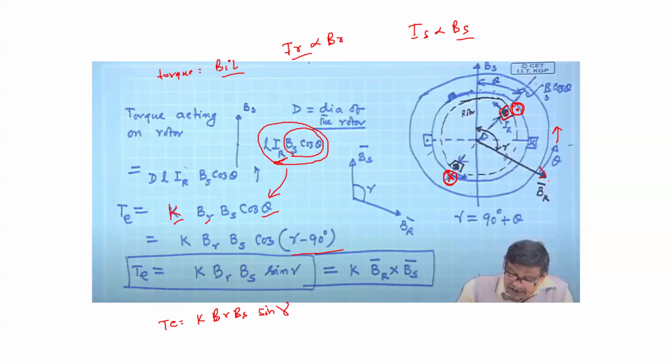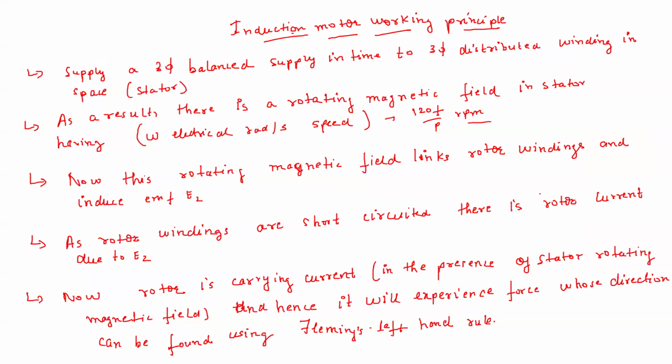So what will happen? We know that the rotor mmf will try to get as close to the stator. Why it will try to do so is because of Lenz's law. So we will try to see how this Lenz's law is happening. Why in the first place was this BR coming? Because of this E2 induced.